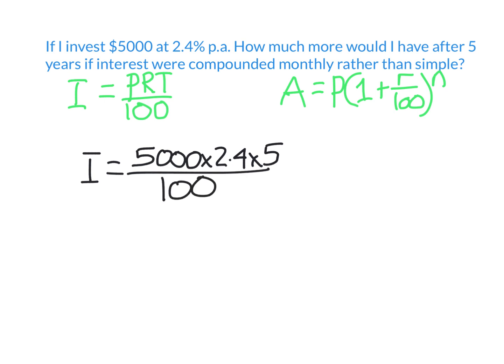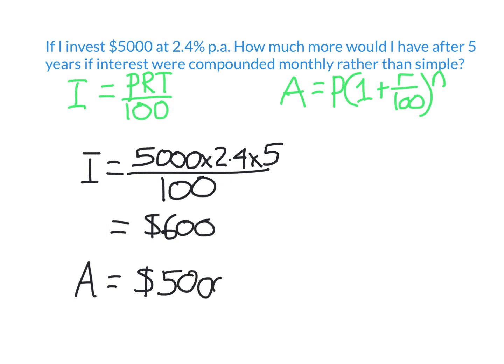So if you put that straight on your calculator, you get $600. If interest was simple, you would earn $600 in interest. So the total amount you would have after the 5 years is $5,000, which you had originally, plus the interest you've earned, which would give you $5,600.